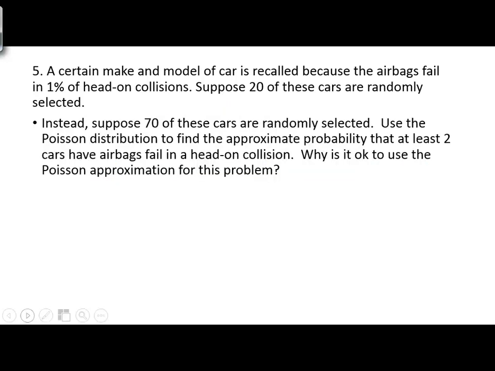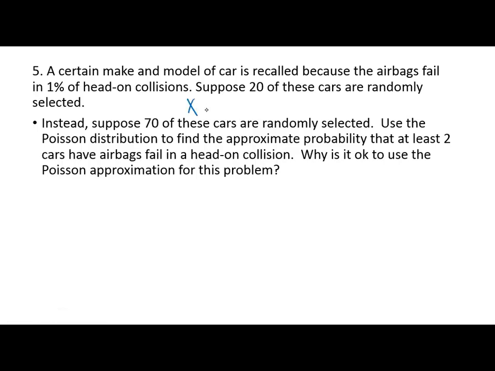Okay. So now taking this one step further, suppose that we have 70 cars that are randomly selected, and now we want to use this Poisson approximation for the binomial probability that at least 2 cars have airbags that fail in a head-on collision. Then we need to double check that it is indeed okay for us to use this approximation.